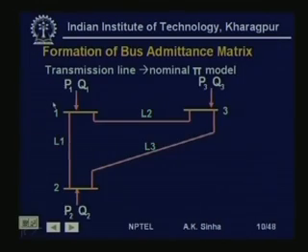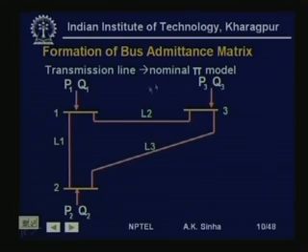Now, let us take a small system to show how we can find the Ybus elements for the system. This is a simple 3 bus system where we have power injections P 1 Q 1 at bus 1, P 2 Q 2 at bus 2, and P 3 Q 3 at bus 3, and we have line L 1 connecting buses 1 and 2, L 2 connecting buses 1 and 3, and L 3 connecting buses 2 and 3.